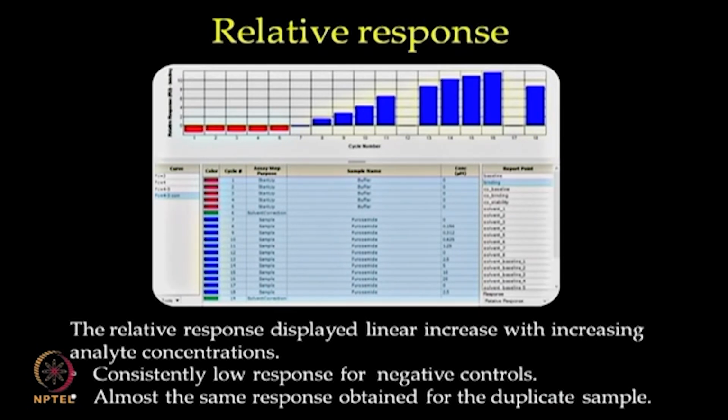As reflected in the graph, the relative response displayed linear increase with increasing analyte concentration with consistently low response for negative controls shown by cycle 7, 12 and 17, and almost the same response was obtained for duplicate sample, that is 2.5 micromolar, shown by cycle 13 and 18. Let us now have a more detailed data analysis on the kinetics assay.